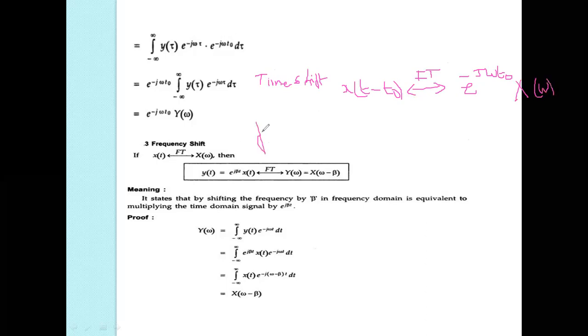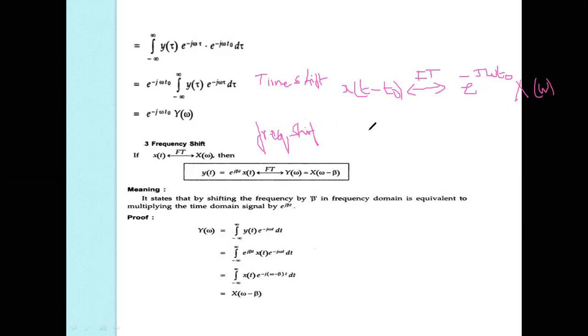But in the frequency shift, for the Fourier transformation, x of omega minus beta, there is a frequency shift with the beta samples and it is multiplied with the factor e power j beta t for the signal x of t.